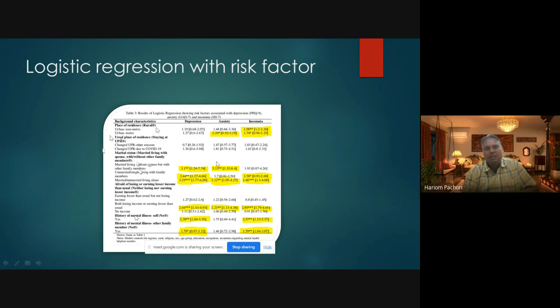If anybody has a history of mental illness in themselves, the reference category being no, their chances of depression were more than 2x, and insomnia more than 2.5x. For history of mental illness in family members, the reference being no, if yes, then the chances of depression were 79% more, and insomnia also 79% more.